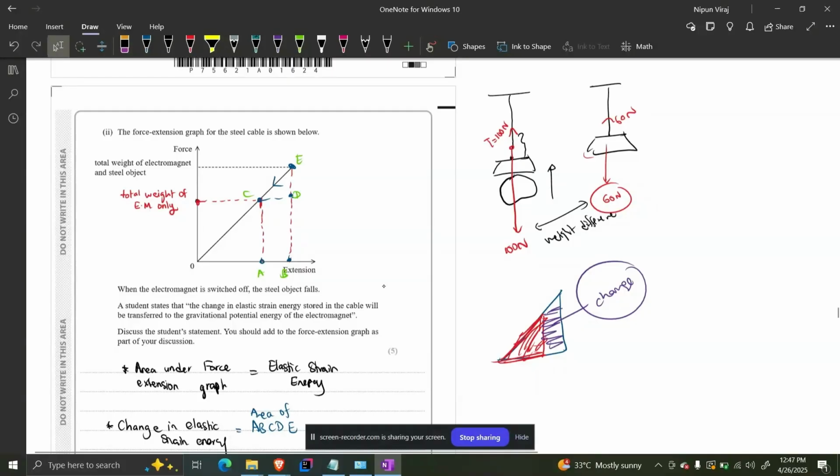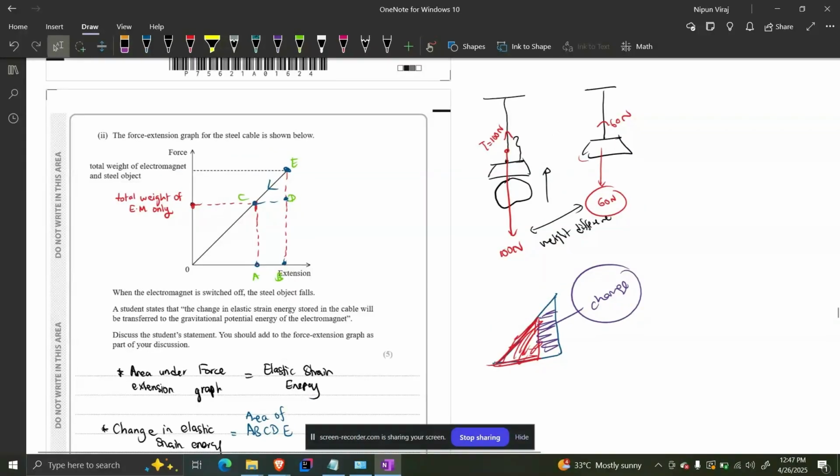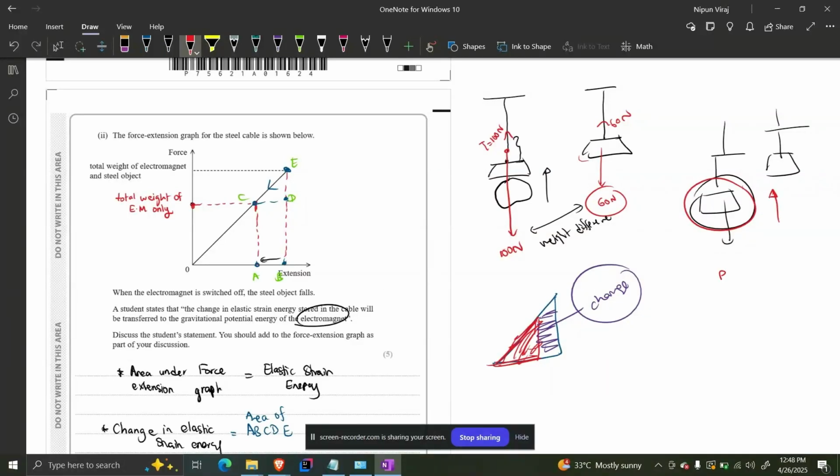Okay. So we got the change in elastic strain energy, and then if you want to get the change in gravitational potential energy of the electromagnet, the electromagnet weight is consistent, right? It has a certain weight. We don't know that weight, but when this is released, it moves upwards, let's say a distance of x. The distance moved upward is denoted by this length, because that is the reduction of the extension.